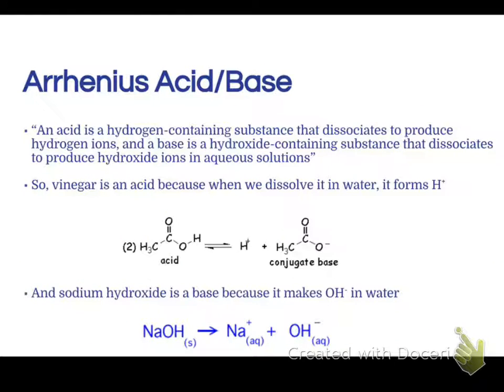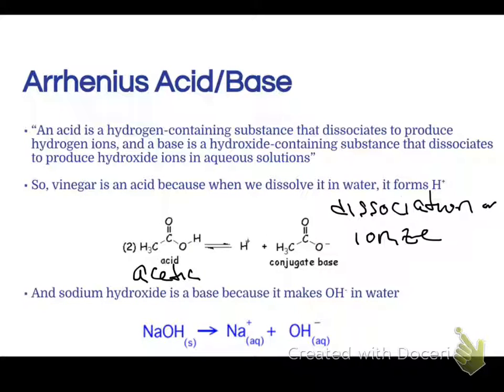Okay, so let's investigate these a little bit. If I have acetic acid, which is this substance right here, when I put it in water, it's going to ionize or dissociate. Those two terms can be used interchangeably. They both mean that the initial compound separates into pieces, and typically it means they separate into charged pieces.